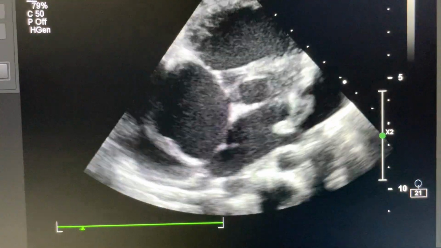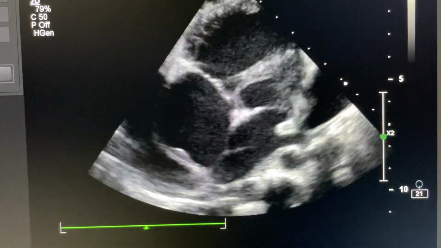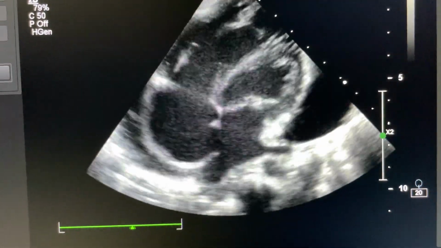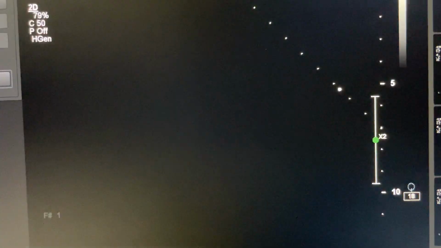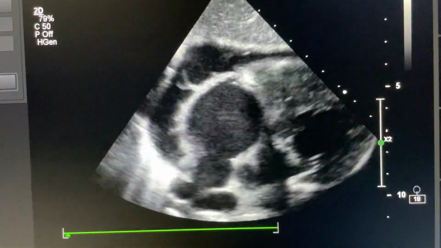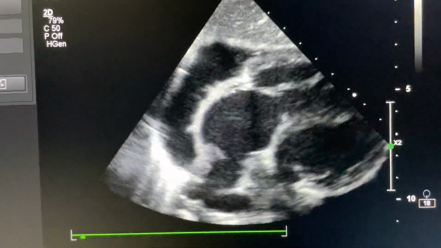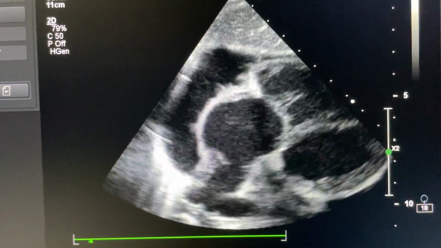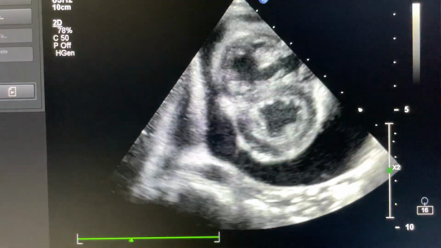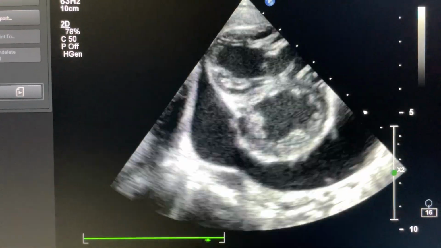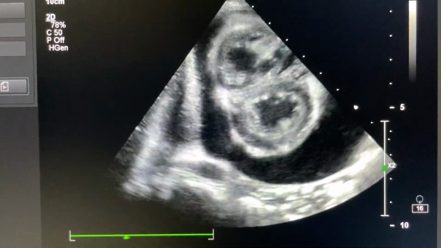Severity of pericardial effusion, criteria wise: diastolic effusion behind the left ventricle, that is posterior to the posterior wall, near atrioventricular junction. If it is less than 10 millimeter, then mild, 10 to 20 millimeter moderate, more than 20 is severe.